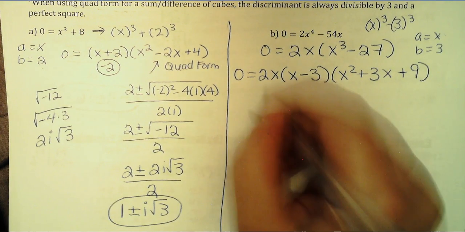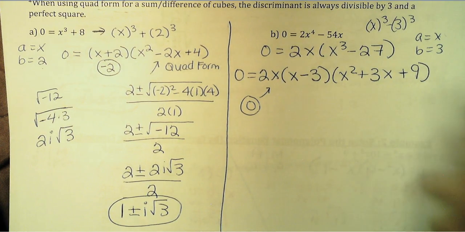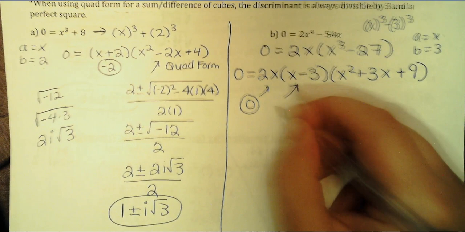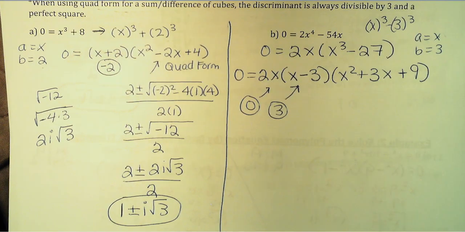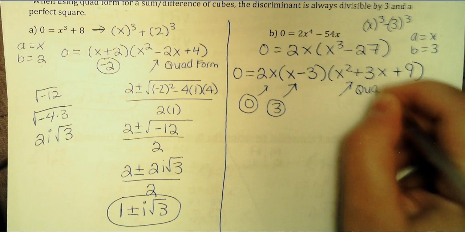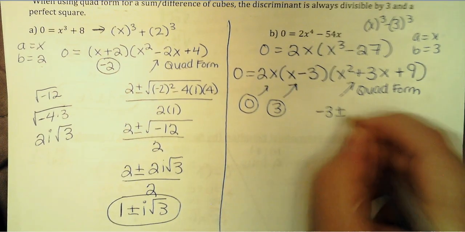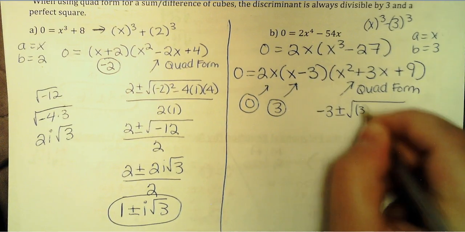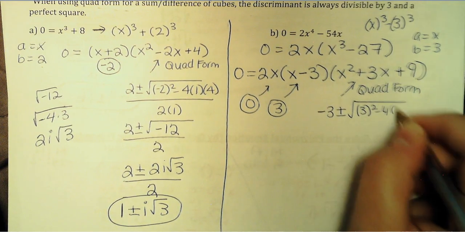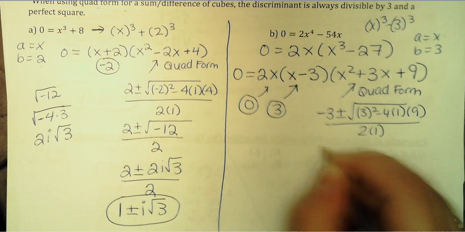Okay, now right here, if I plug in 0, 2 times 0 would be 0, so that's one of our answers. Right here, if I would plug in 3, that would set that equal to 0. Here, you got to use the quadratic formula on this. So, opposite of b, negative 3, plus or minus square root of 3 squared minus 4 times a times c, all over 2a.